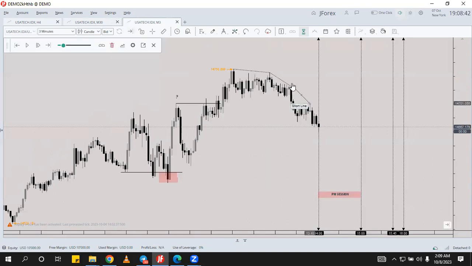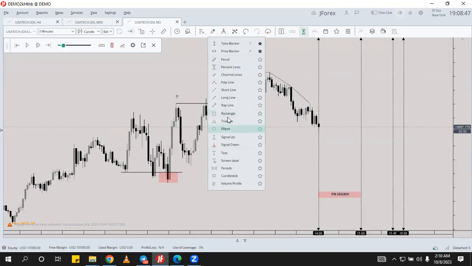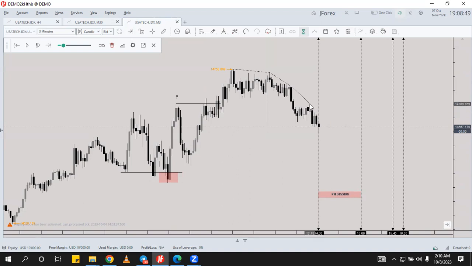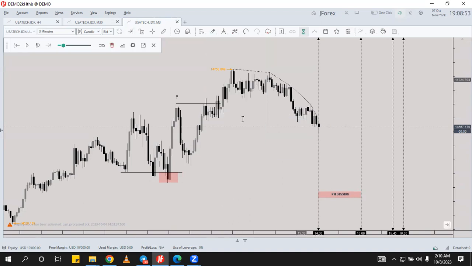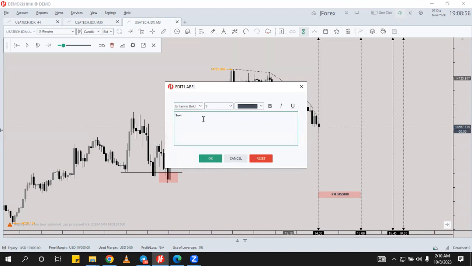Those are the failure swings there, up to there. So let me just mark them. These are failure swings. Failure swings right there.